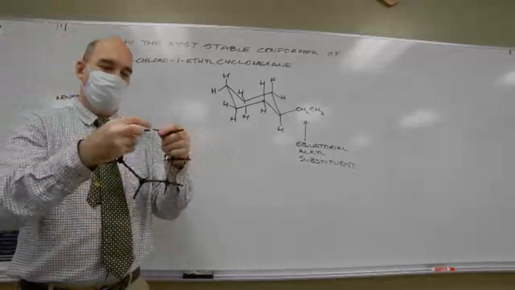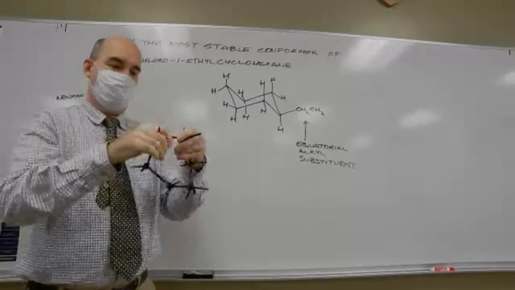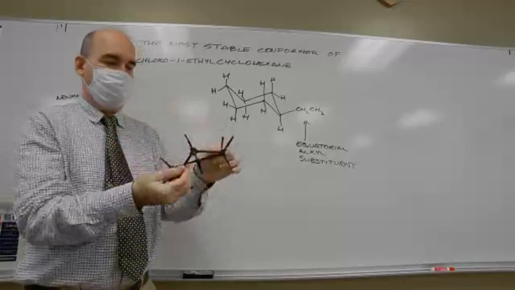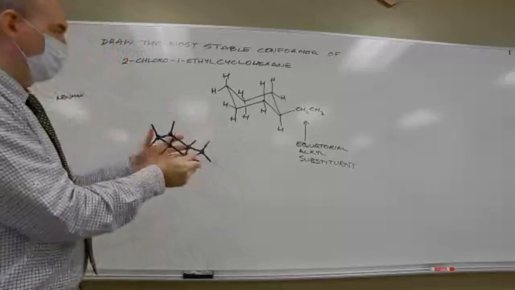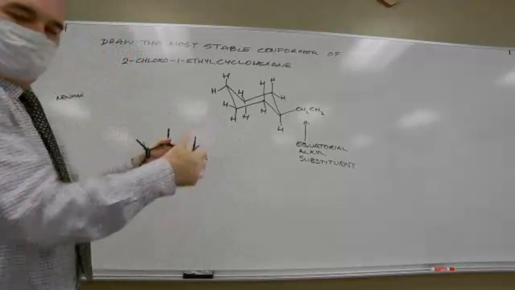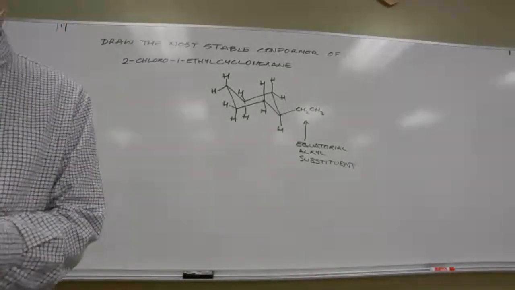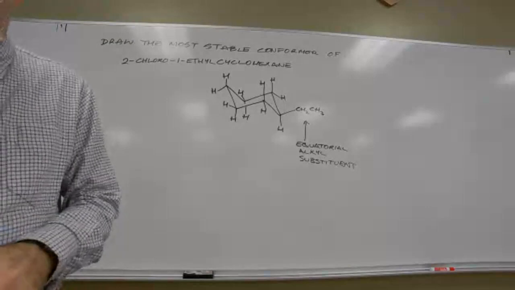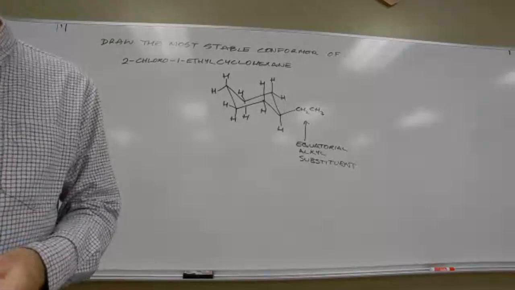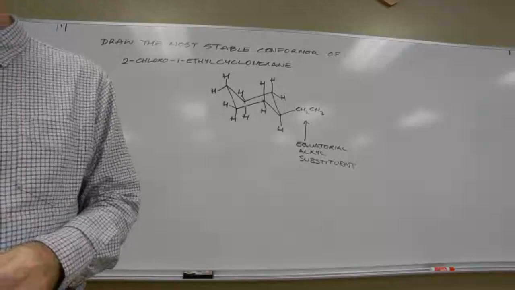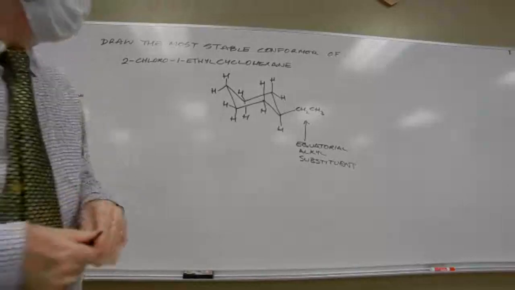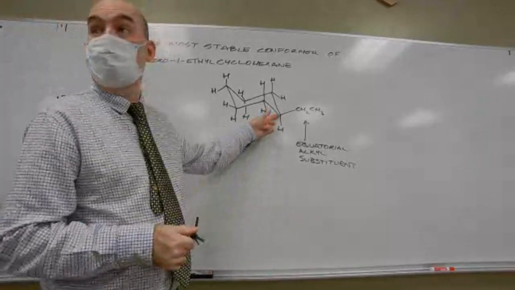Here's a hexane. It's now a cyclohexane. There you go. And it's a chair. I'm going to add an ethyl to it. And when it's the only substituent, I don't have to give it a number because that automatically is carbon number 1 now.